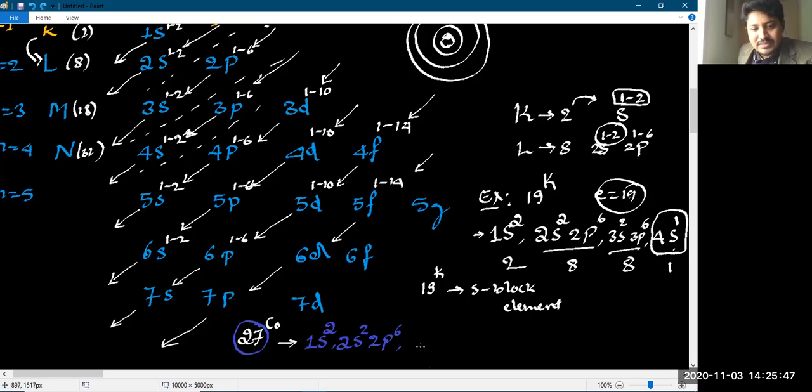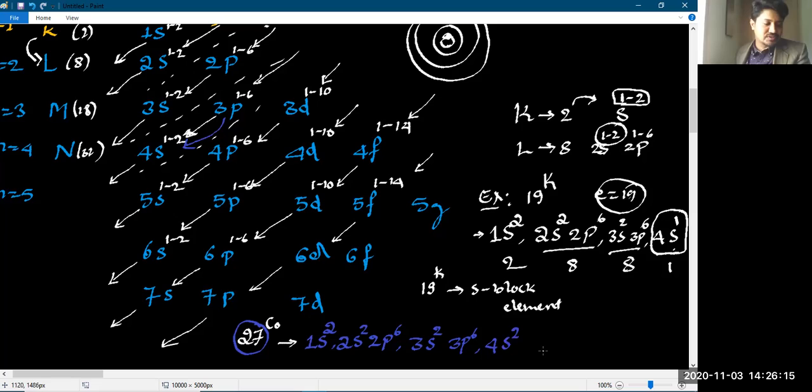So I can write 3s2. After 3s, it directly goes to 3p6. After 3p, in the same shell 3d is left, and we are just leaving that 3d. After 3p, it goes to 4s.